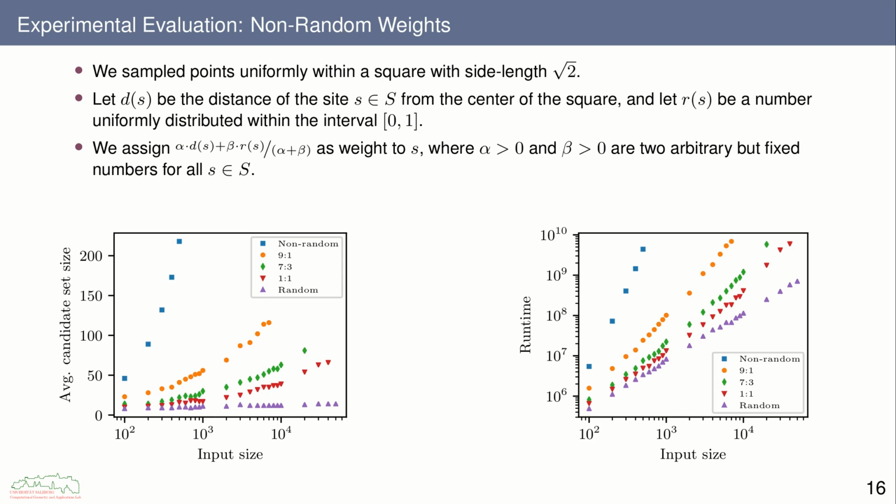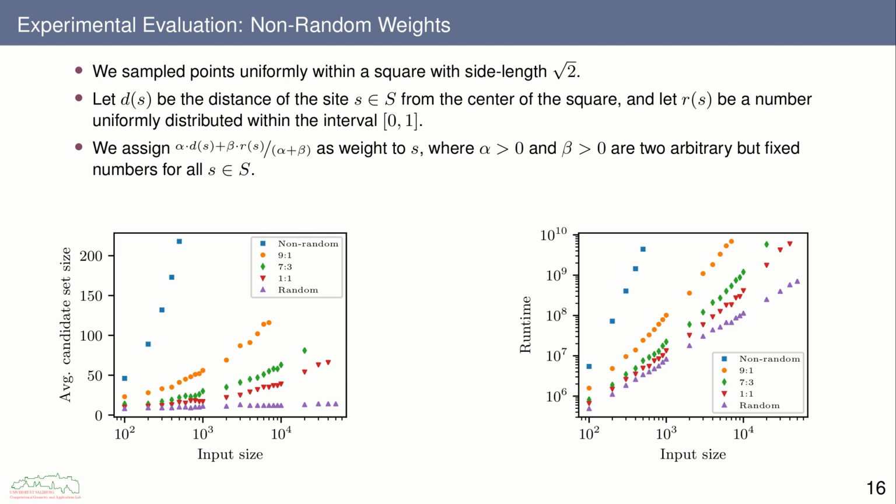The square markers indicate the results for inputs in which the weight of each side S equals d of s. The blue triangles mark the results of inputs in which the weights have been chosen entirely at random. The other three kinds of markers indicate results where the alpha to beta ratios equal 9 to 1, 7 to 3, and 1 to 1.